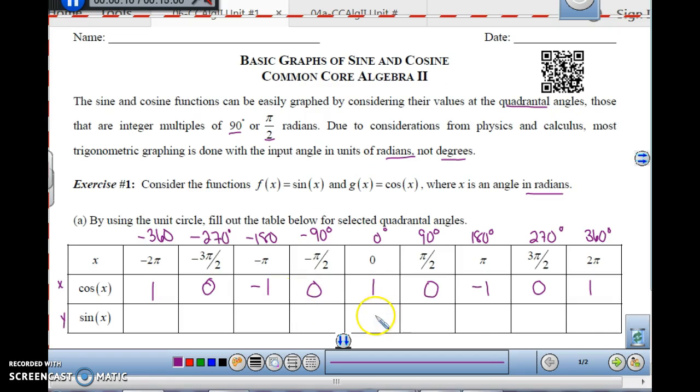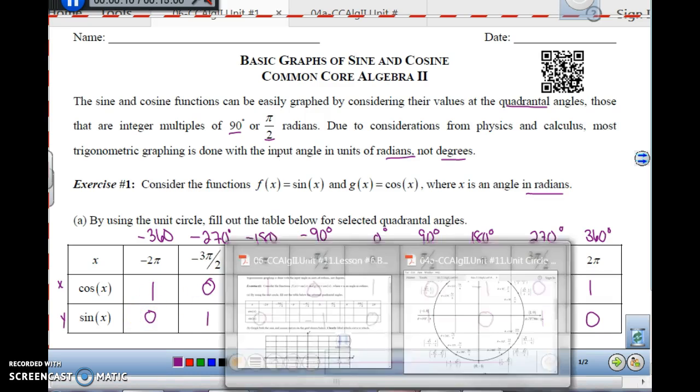So filling in my values, I start at 0, I go to 1, back to 0, negative 1, and then back to 0. Okay, and then if I reverse the process, remember negative 90 is equivalent to 270, so this is going to be negative 1, 0, 1, 0.